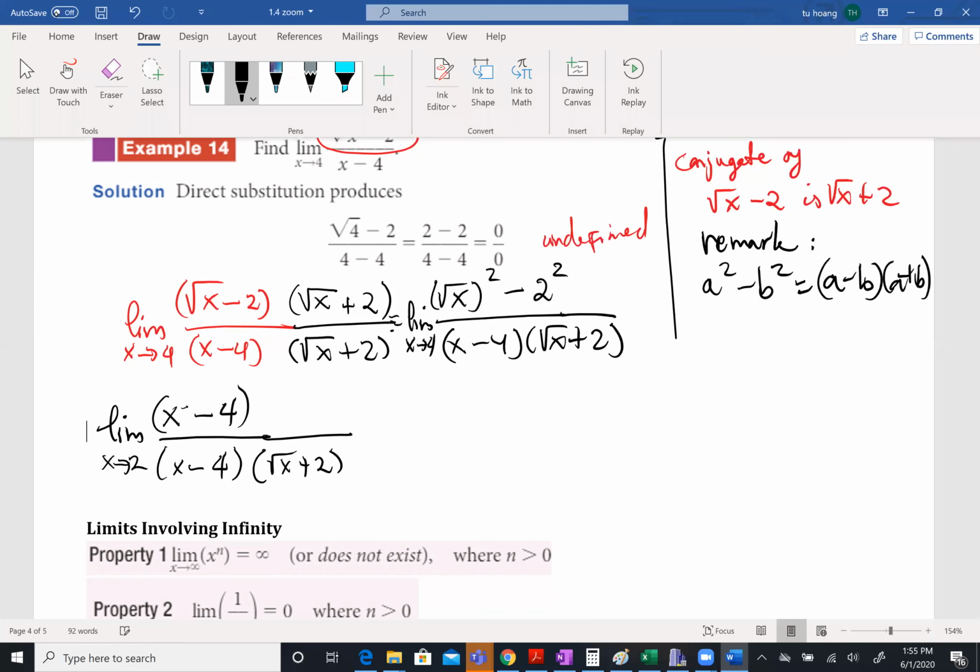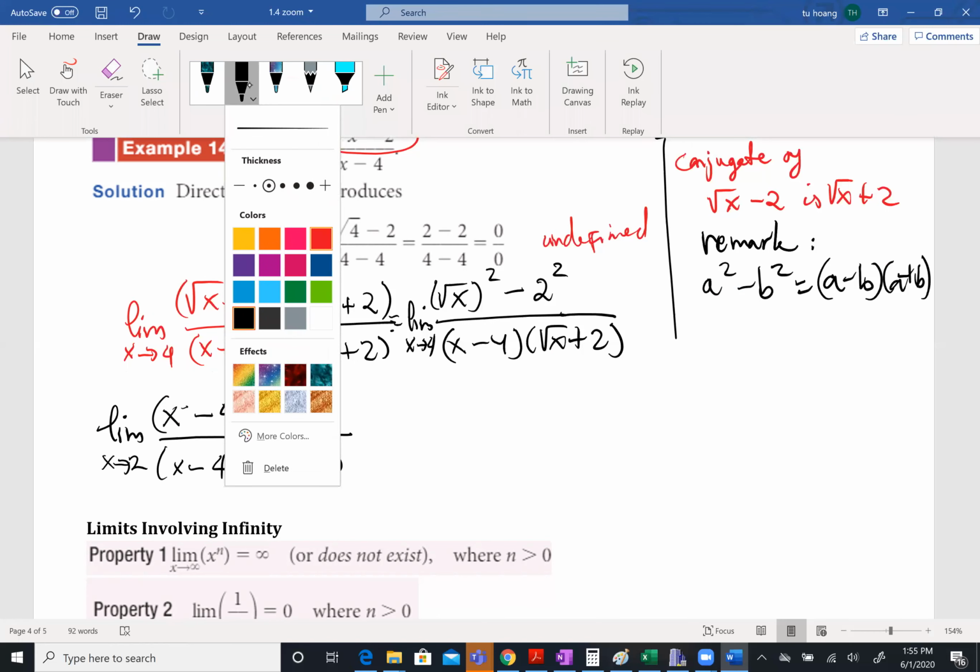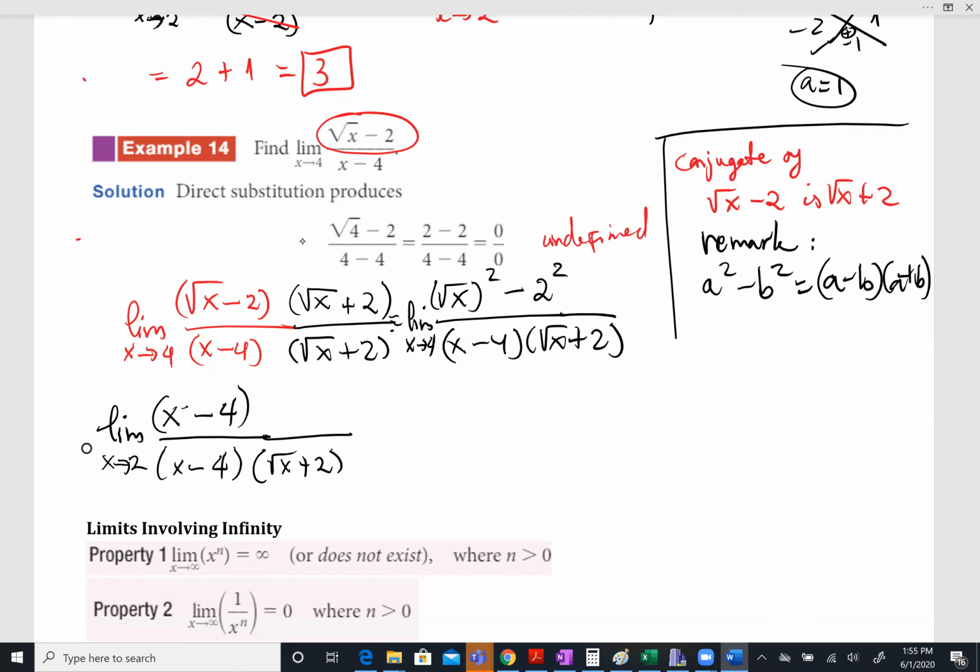So now I noted that there is a common factor between top and bottom, which is x minus 4, and I cancel that. And I will get the limit as x goes to 2 of the function 1 over square root of x plus 2.